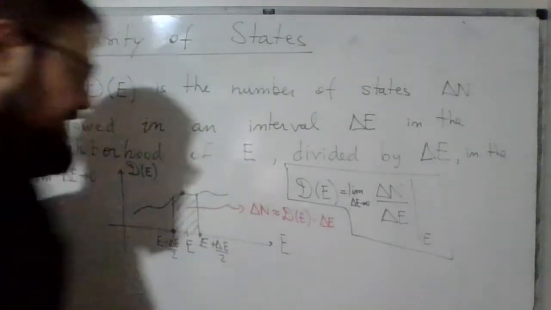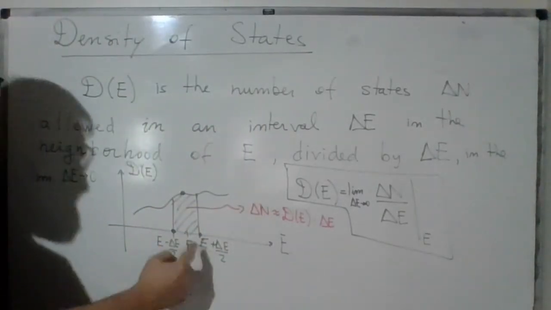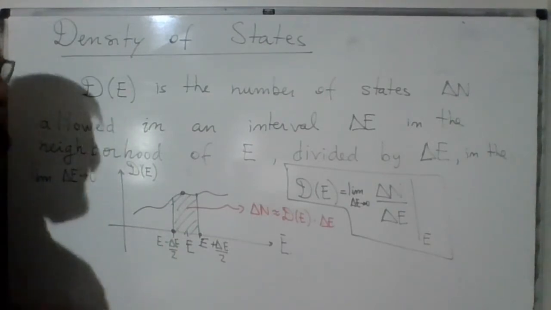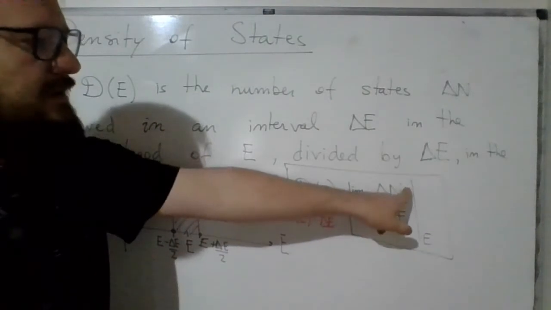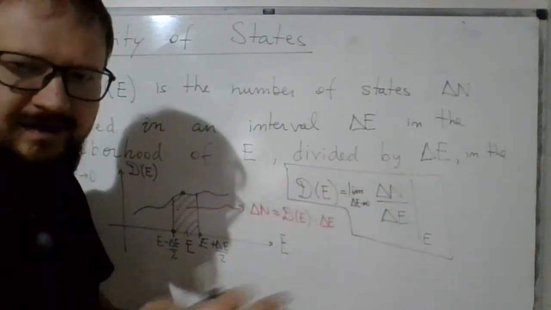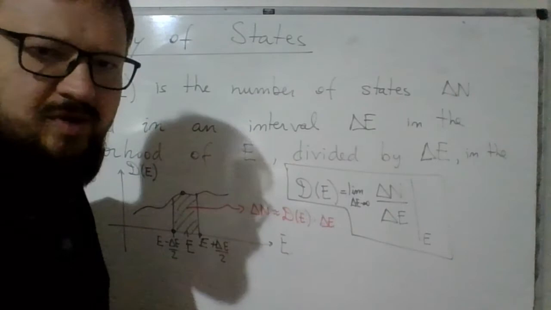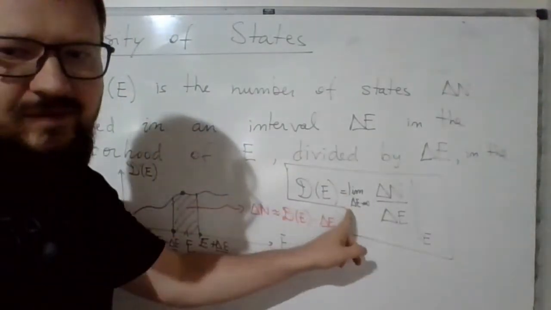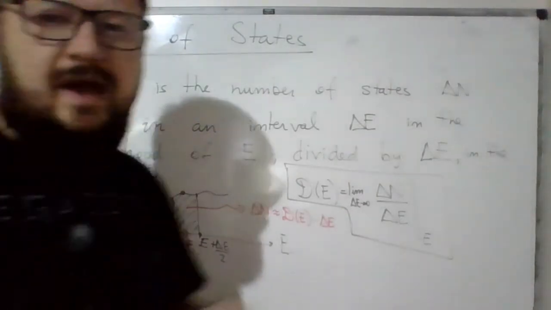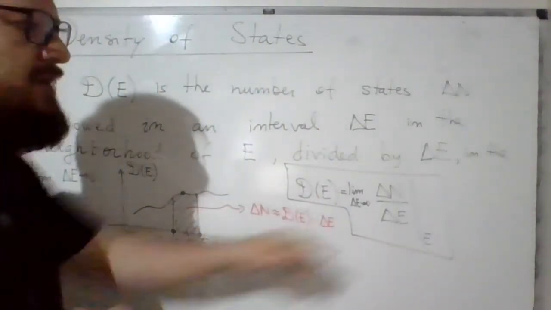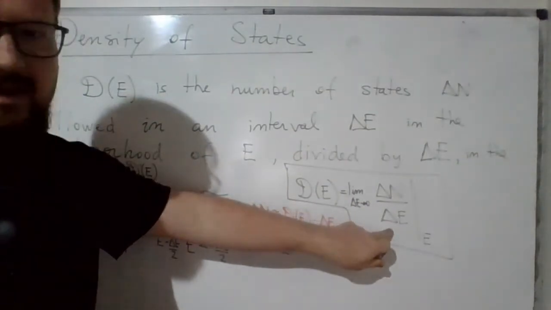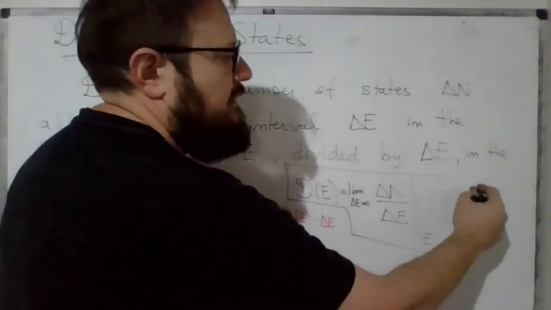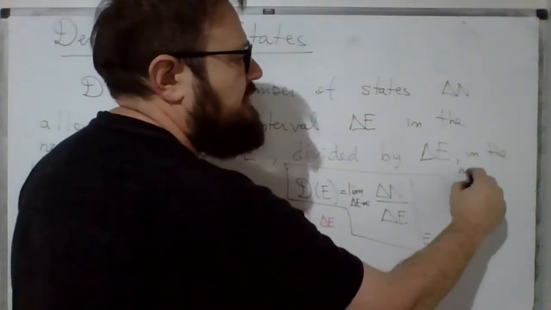You define an interval of energies around a given energy value E. And if you divide the number of allowed states in that region, in that neighborhood, by delta E, in the limit where delta E goes to zero, you have a density, which is the number of states by energy interval.